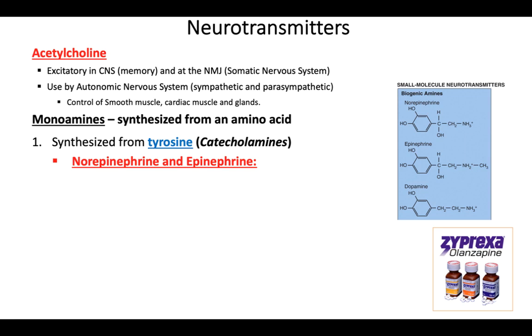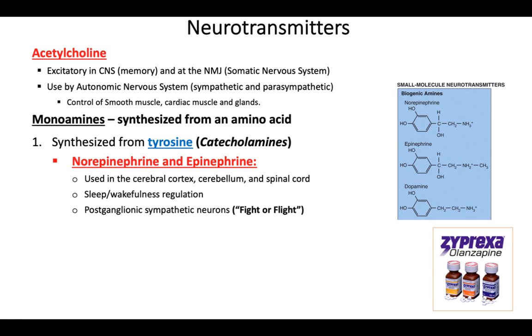So adrenaline or noradrenaline. These are used in a lot of different contexts, in the brain, in the spinal cord. They help with sleep and wakefulness regulation. They're utilized in what we call the fight or flight response. All right, so that's part of the sympathetic nervous system. So fight or flight is going to be increasing your energy, your blood pressure, your heart rate.